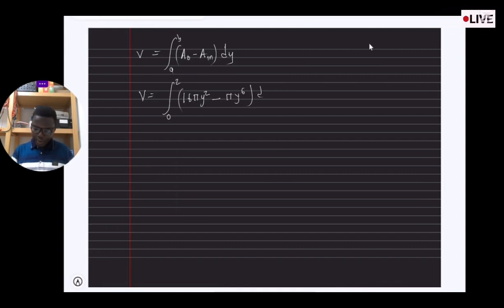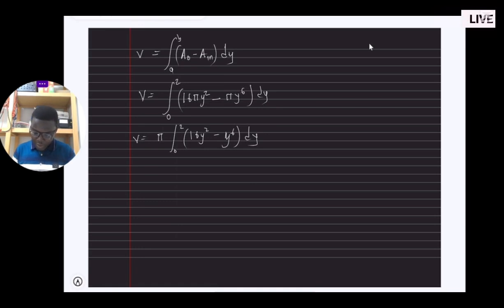And then dy. Because pi is common in this case, we can bring pi out. So if we bring pi out, we get the volume to be equal to pi times the integral from 0 to 2 of 16 y to the power 2 minus y to the power 6, all dy, since pi has already been factored out. Now we continue with the integration.